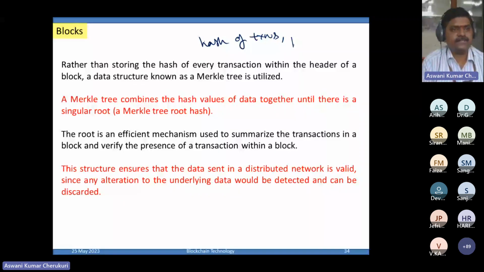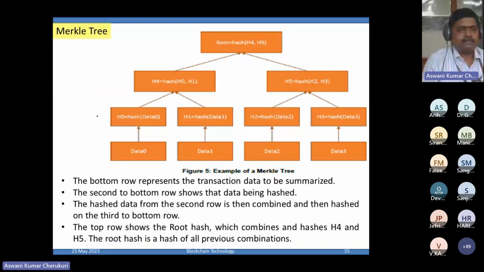For that purpose, we need to understand a data structure called the Merkle tree. You can see a Merkle tree structure looks like this. The bottom of the tree structure contains the transactions. Here it is given as data 0, data 1, data 2, data 3. You can think of them as transaction 1, transaction 2, transaction 3, and transaction 4.